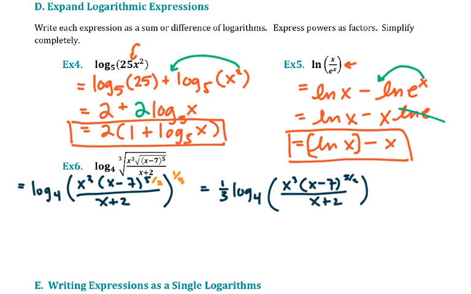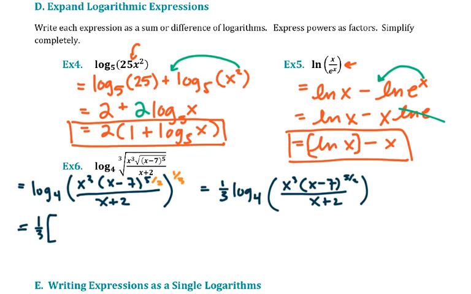So as I'm looking at what I have in my current argument right here, the messiest thing about it to me is the fact that we have a big fraction. So I'm going to use my quotient rule. And when I do that, what I end up with is 1/3. And that 1/3 is going to be in front of everything as I expand it.